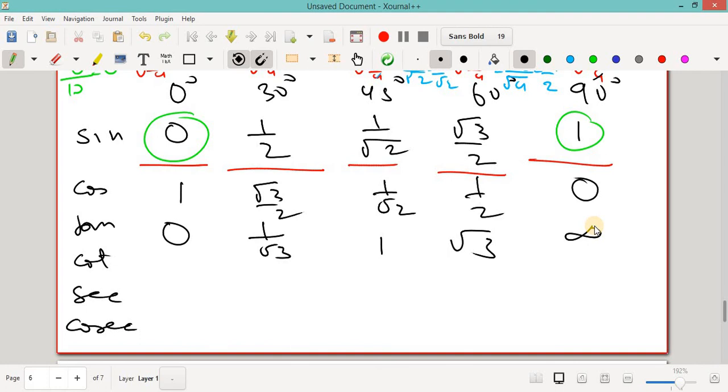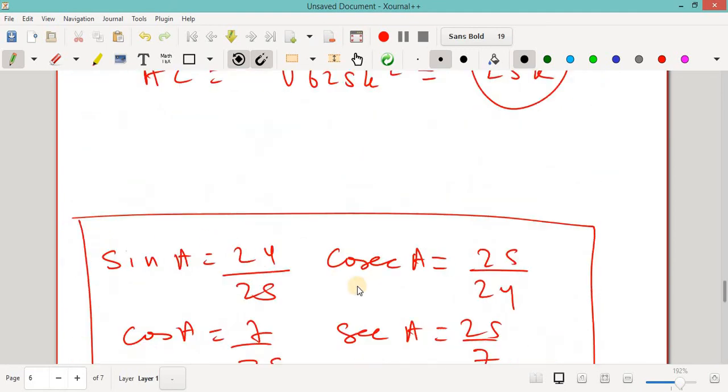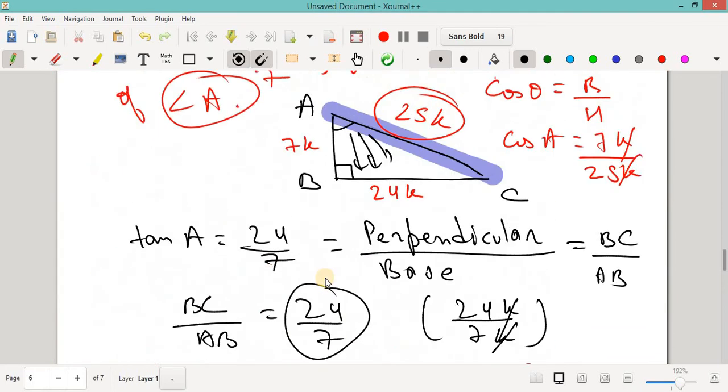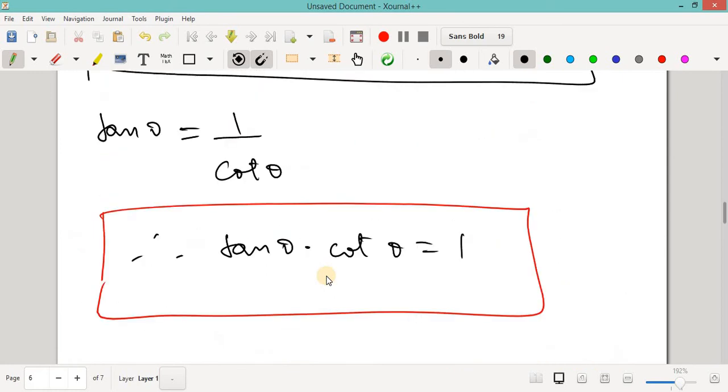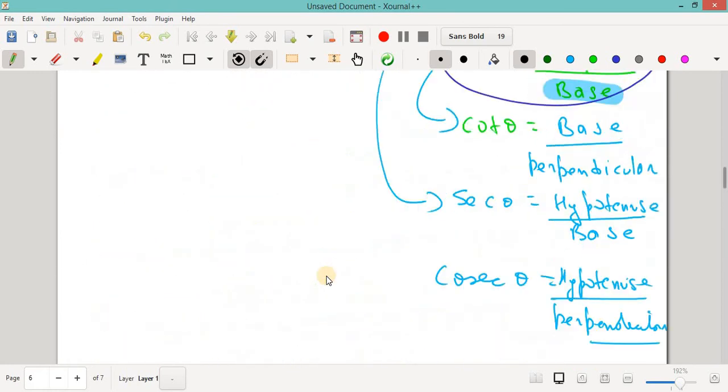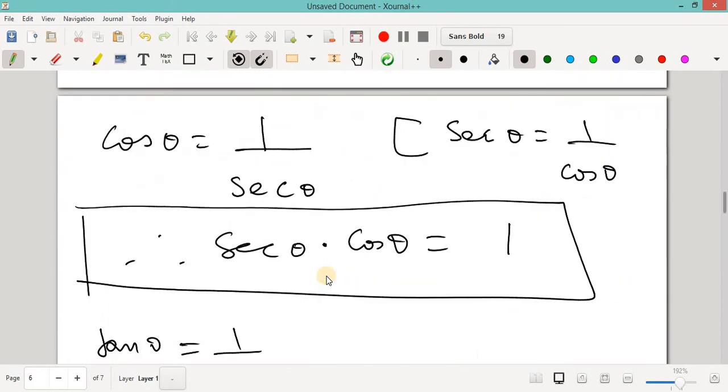So you just write down the formulas, paste them wherever you are studying, so that you can easily recall anything. Now, what is cot theta? I told you cot theta is just the opposite of tan theta. If you go through my formulas, I have written that cot theta is just the opposite of tan theta.